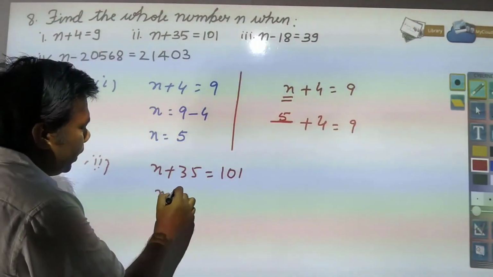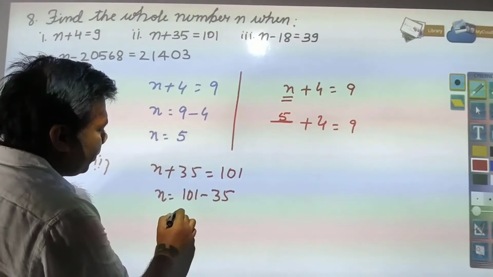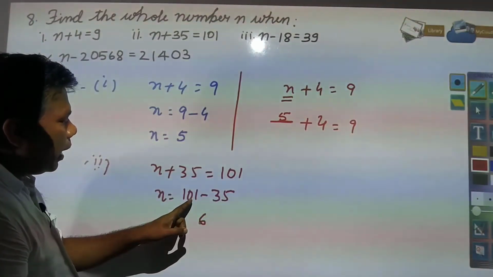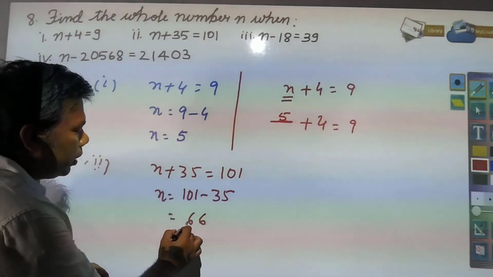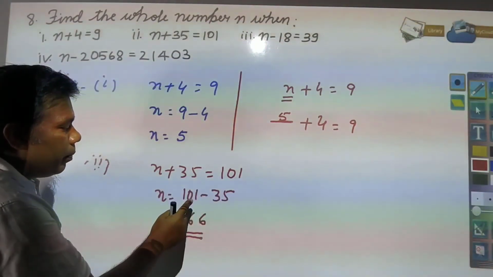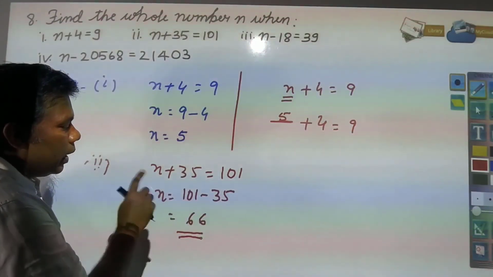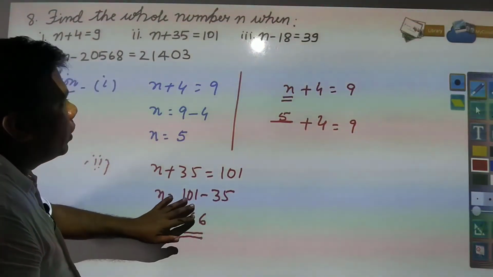So n will be equal to 101 minus 35. You subtract this, 11 minus 5, 6, and 9 minus 3 is equal to 6. So you have got 66. Now you add this, 6 and 5 is 11, 1 you have, 6 and 3 is 9, and 1 is 10, 101 you have got. So in this way we can find out.